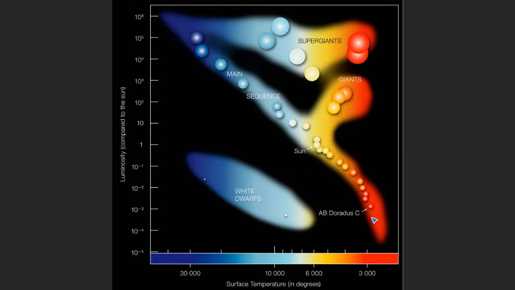So it's O, B, A, fine girl, kiss me, or the other way around, O, B, A, fine guy, kiss me. Where O is the most luminous, then B, then A, then F, then G, then K, then M.